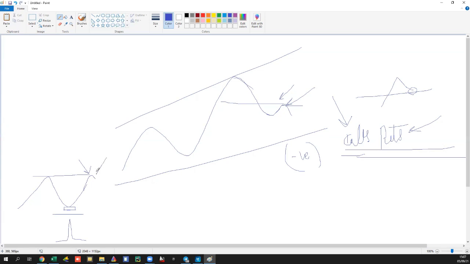At this point, it is not the buyer's strength, it is the seller's strength, whether they're able to defend this area or not, right? If a big money player with deep pockets is short from this level, because it was established as a resistance, they have to defend their positions. And if they're not able to defend, let's suppose the prices just cross this level and go up, what does it tell you about the sellers?